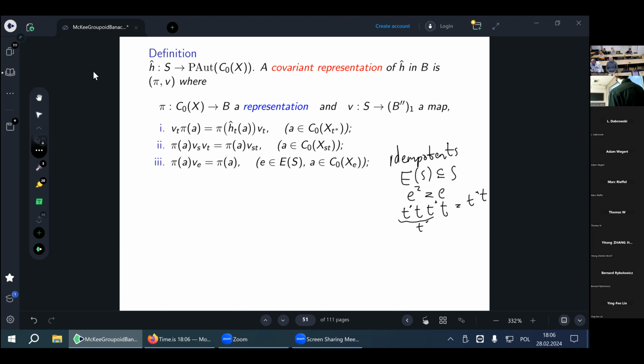Actually, if all elements are idempotents at this point, my inverse semigroup is a group. There's only one idempotent. So as we get further away from being a group, we have more idempotents.